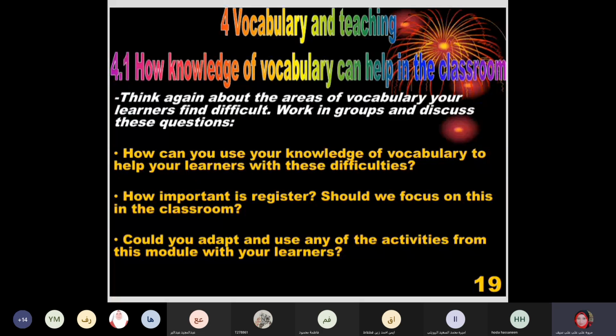I should focus on pronunciation, synonyms, antonyms, prefixes, suffixes, and I should discover what the weaknesses of our students are and try to help them to overcome the difficulties, the challenges that they face while learning vocab. Very good.